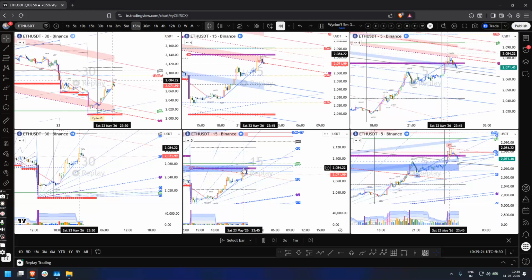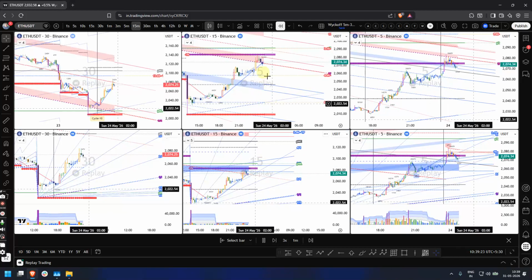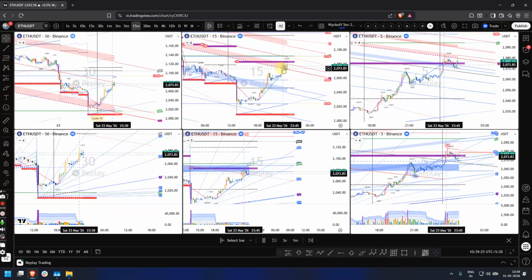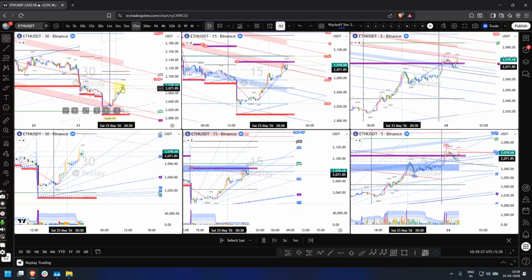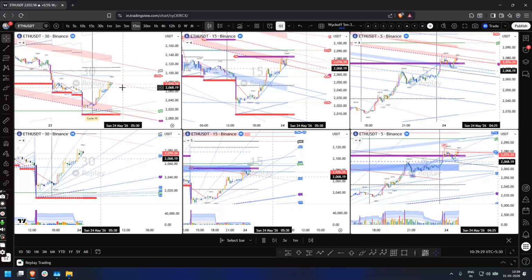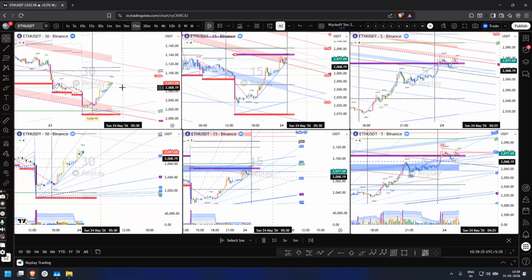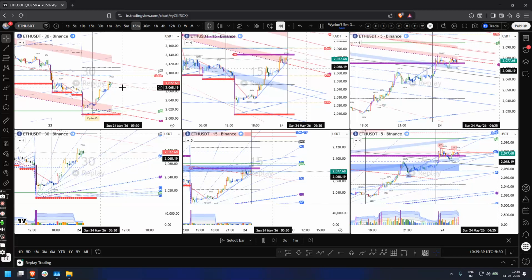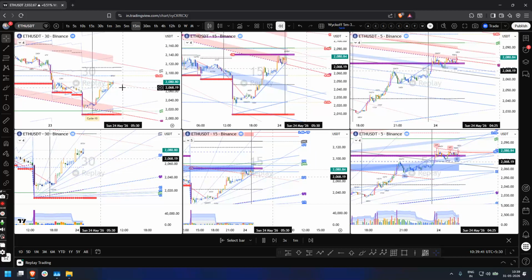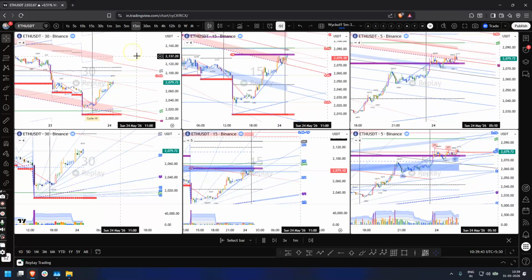And then it moved to the midpoint at a pullback there. See, here is the resistance here as well. There's a lot of lines, but you can also see that these are logical support and resistance and even timelines.